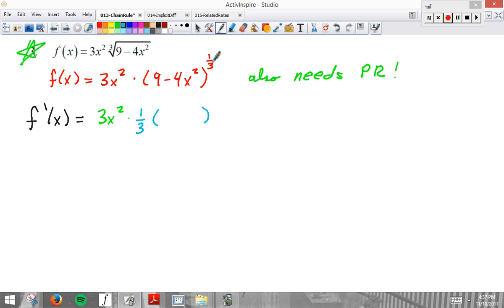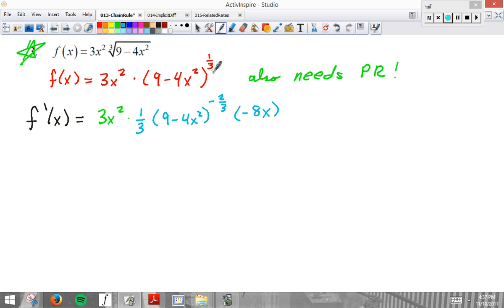Let's write the new power. 1/3 minus 1 is negative 2/3. Keep the inside the same. Times the derivative of the inside. Derivative of 9 is 0. Derivative of negative 4x squared is negative 8x.